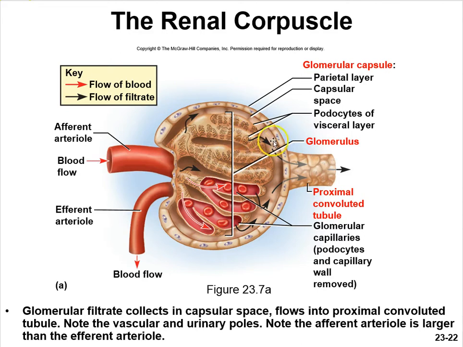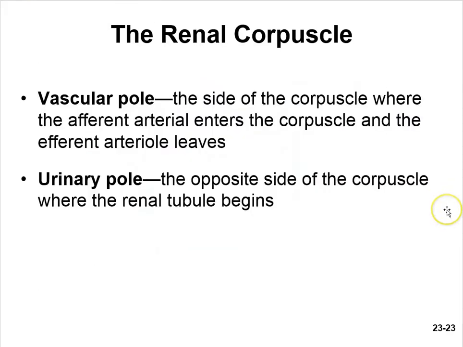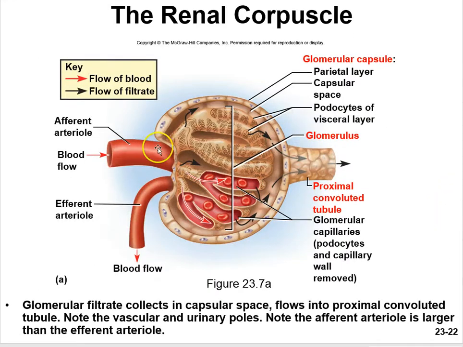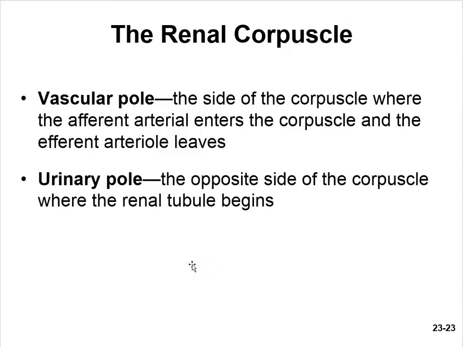The filtrate then occupies this capsular space and then exits via the proximal convoluted tubule. We're also supposed to note how the afferent arteriole is larger than the efferent arteriole. That's going to play a role a little bit later.